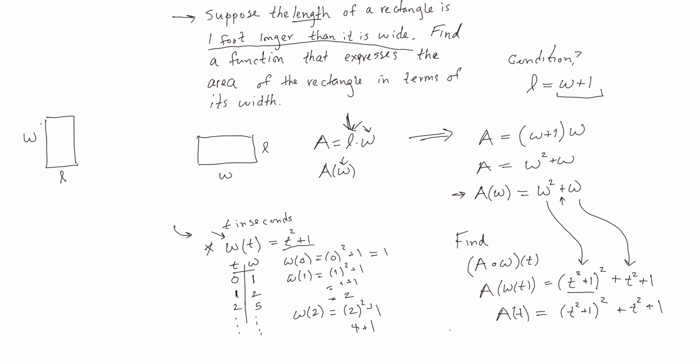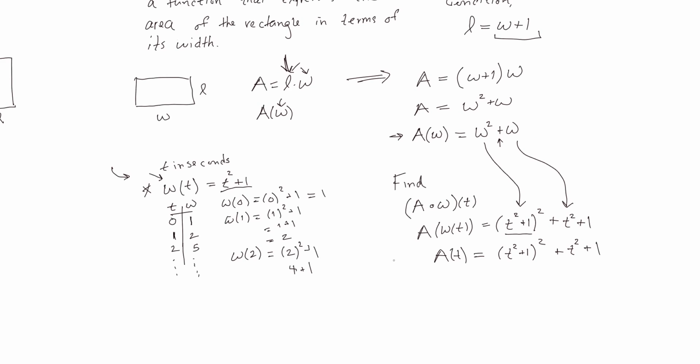What kind of questions can be answered with this function? Well, here is the type of question that can be answered with this function. Suppose t is equal to 0 seconds. At 0 seconds, what is the area of the rectangle?